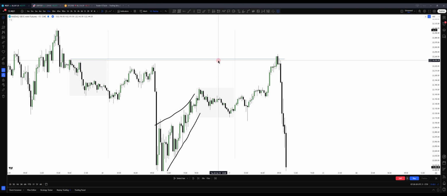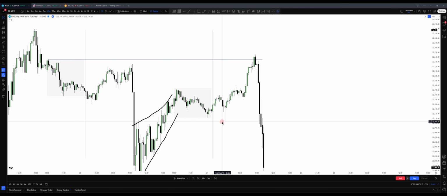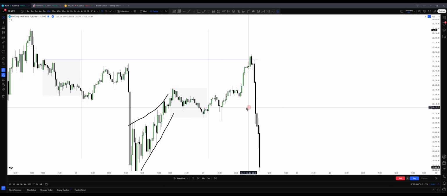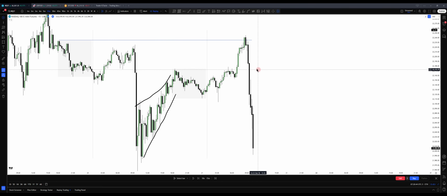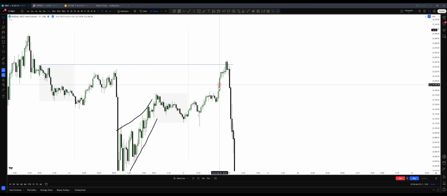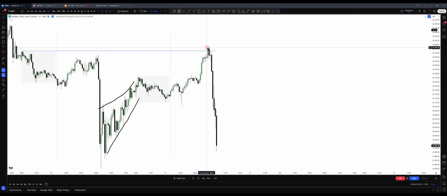This was just to play with traders' feelings and psychology. It makes you feel like you're going to miss a move, or maybe you're buying at the top or something. So you have to know that the manipulation move is fast and leaves liquidity behind.